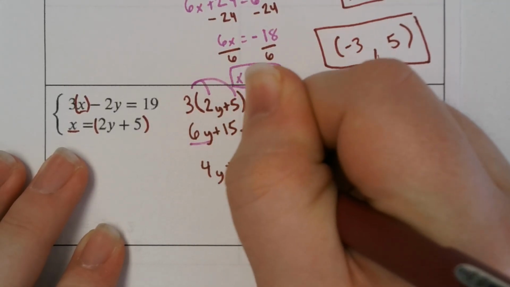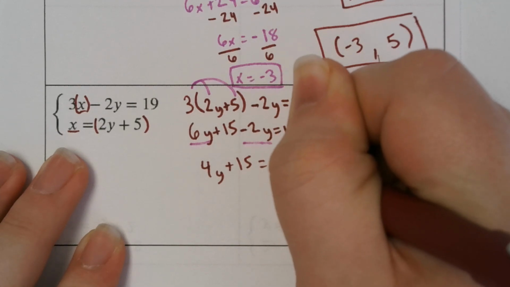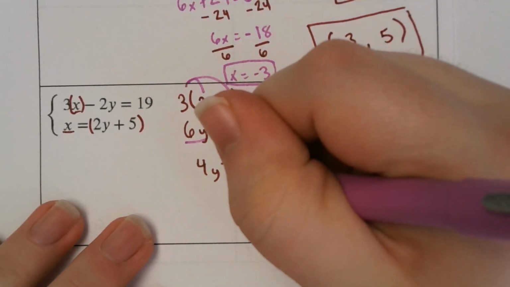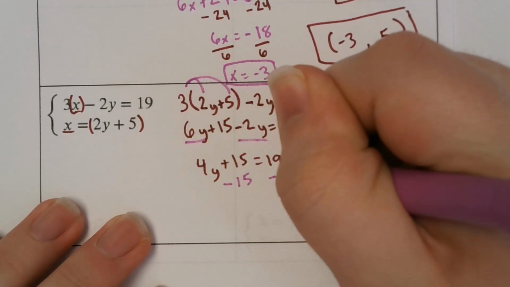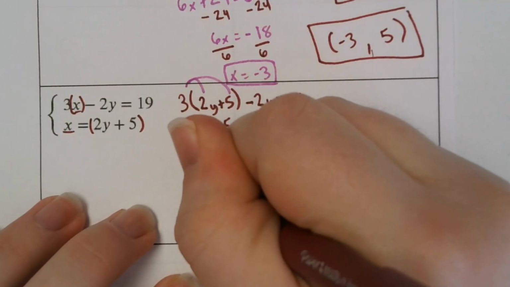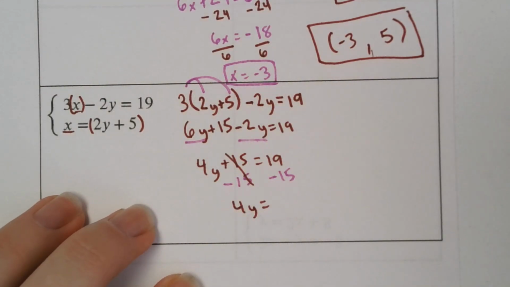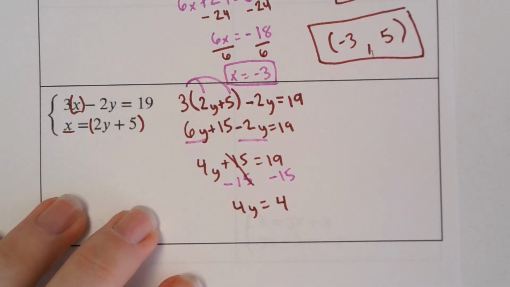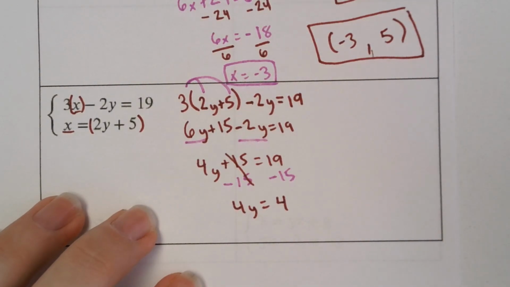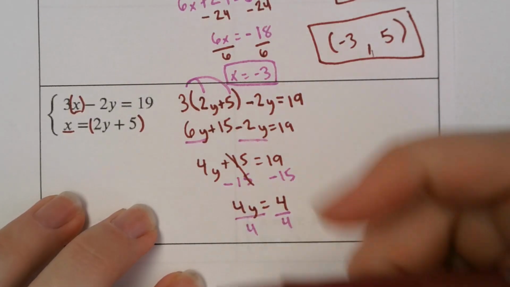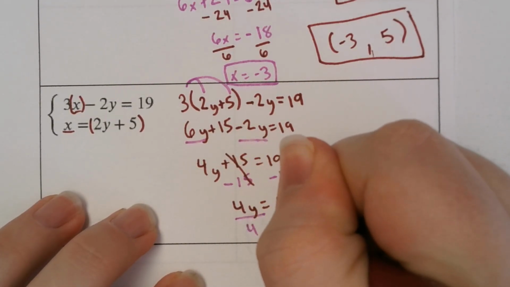We drop down that plus 15, and that equals 19. Now we have a two-step equation. So get rid of that 15 first by subtracting on both sides. We're left with 4y equals 19 minus 15 would give us 4. And then we divide. We get y equals 1.